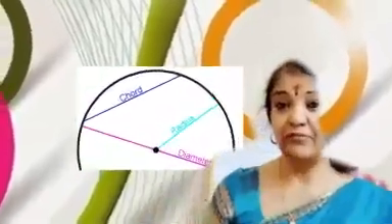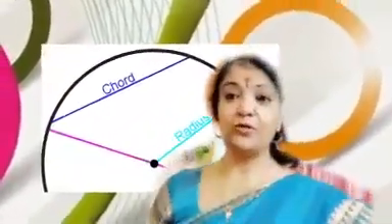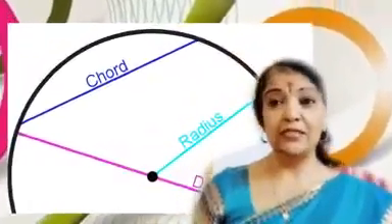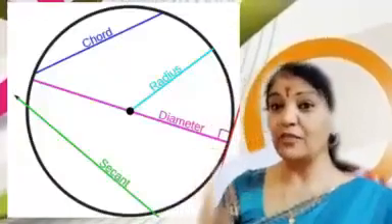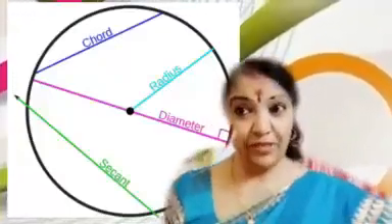You know what is a chord? A chord is the distance between any 2 points on a circle. And you know the longest chord, the one passing through the center, is the diameter.